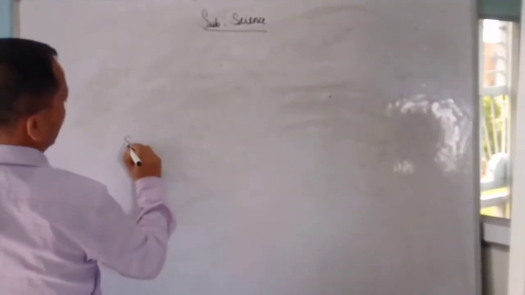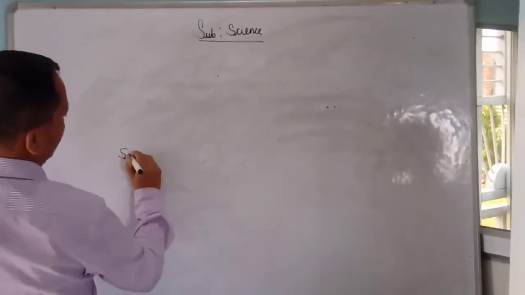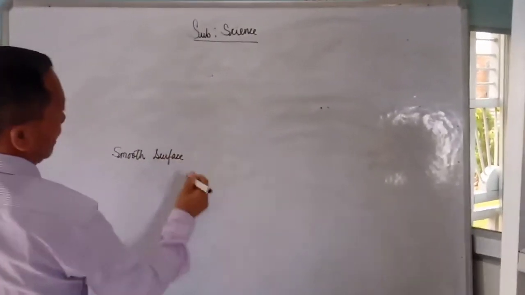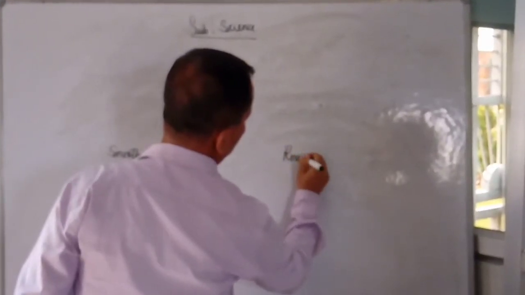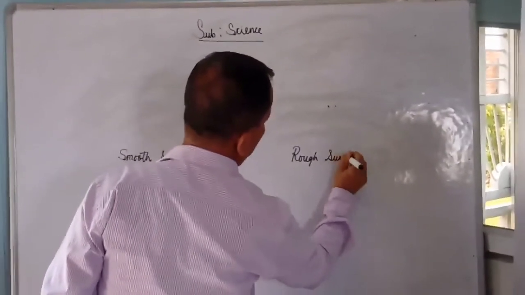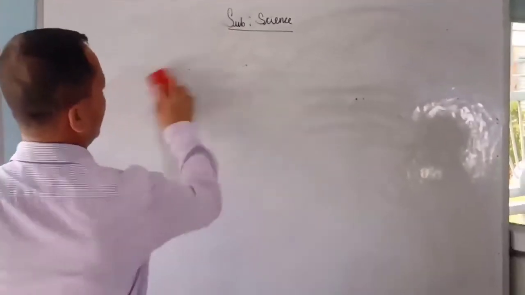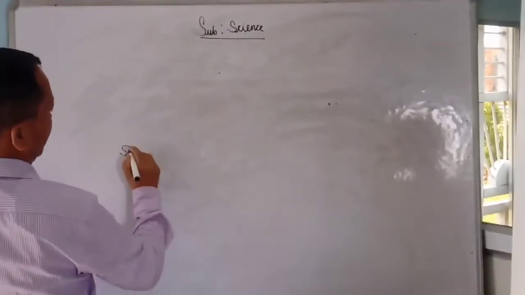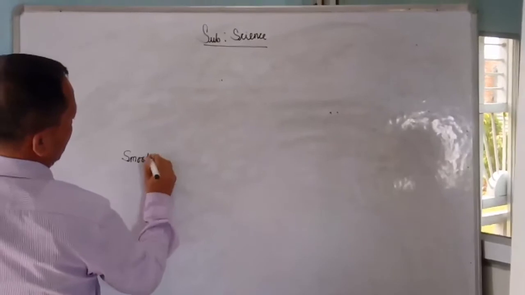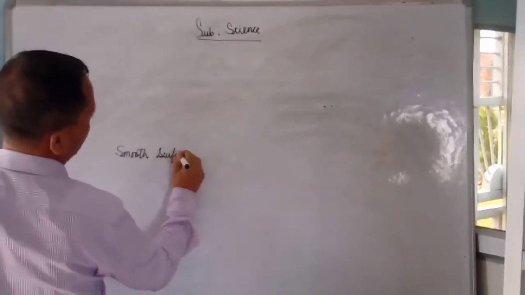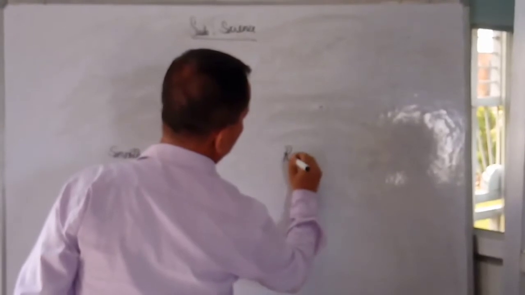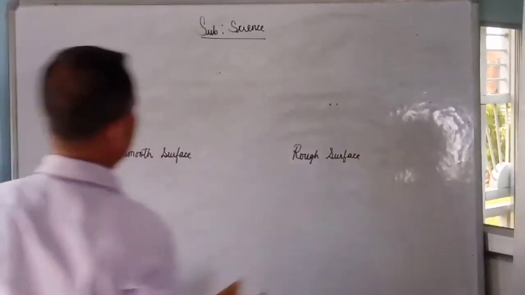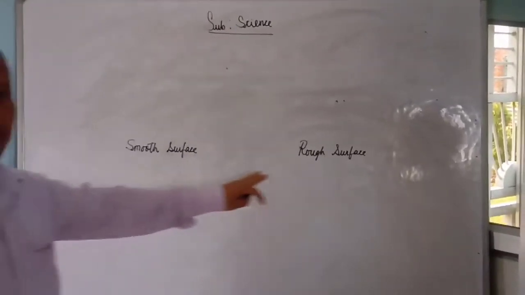Take an example: one is a smooth surface, another is a rough surface. We'll see the light reflecting from a smooth surface and a rough surface.